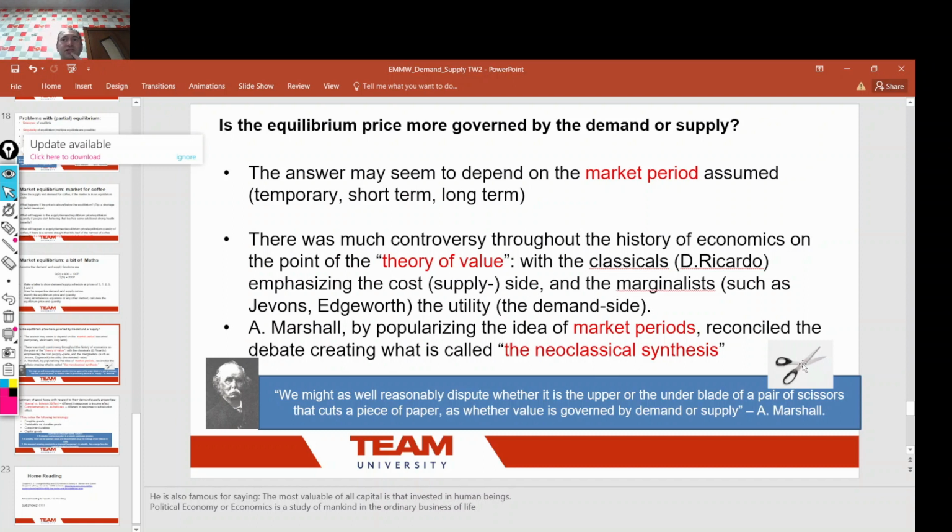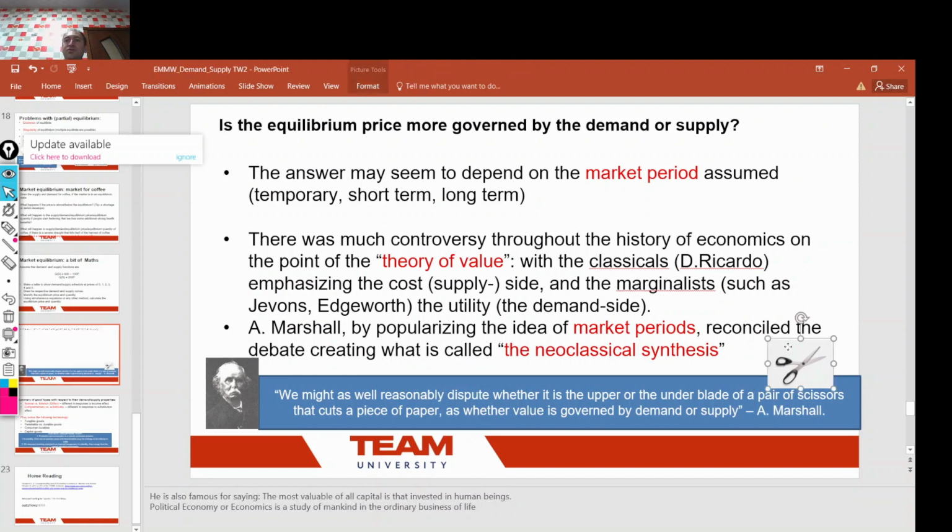So it's pointless to argue that it's demand that drives it, and it's just as pointless to claim that it's supply that determines an equilibrium price for produced goods. It's both, just as the full comprehensive analysis will drive you to believe that it's the under and the upper blade of the scissors that is cutting the paper, right?